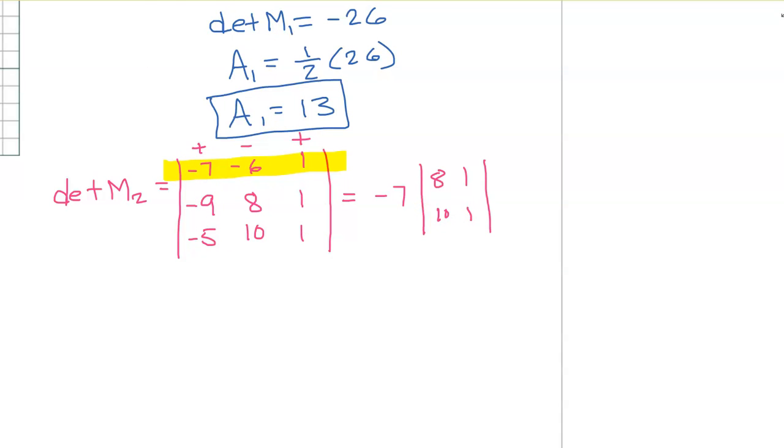Okay, now we will use the -6, but that one we change because of the plus, minus, plus. We change this one to a +6. All right, and if we sort of cross out that column, that leaves us with -9, 1, -5, 1.